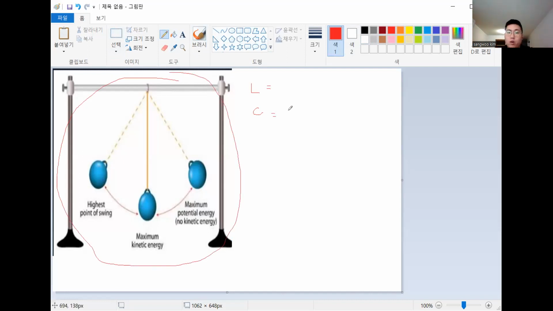C is potential energy, and in L the current is moving, so it's kinetic energy, totally different. Since they are different, they are like a vibration, but at some point they have to be the same frequency. We say this is the resonance frequency, okay?